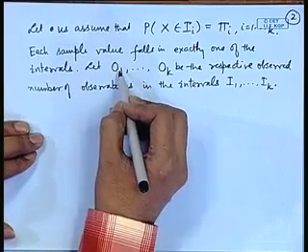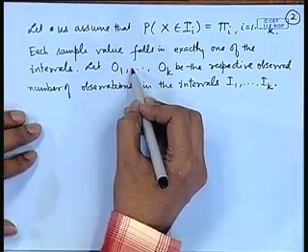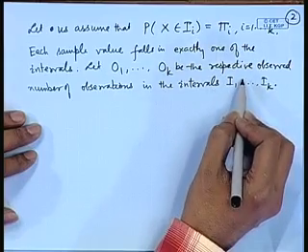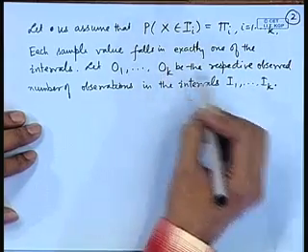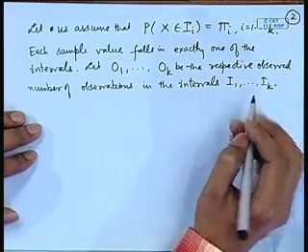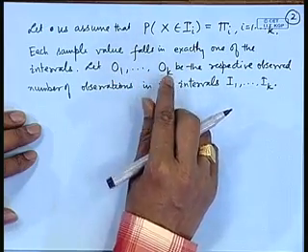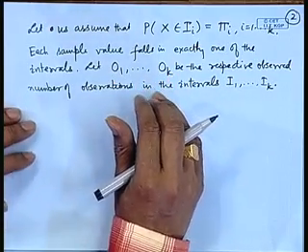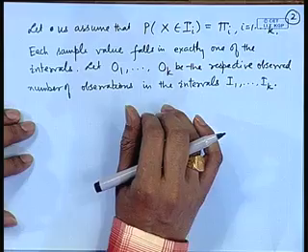So, what are we observing? We are observing x1, x2, ..., xn. Now, you see some of these xi's will belong to interval I1, some of the xi's will belong to interval I2, and so on. So, we make this breakup. Let O1 denote the number of xi's in the interval I1, let O2 denote the number of xi's in I2, let Ok denote the number of xi's in Ik. Then O1, O2, ..., Ok are called the observed frequencies of the data.